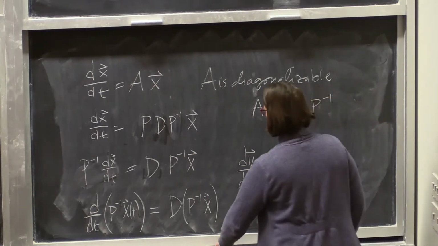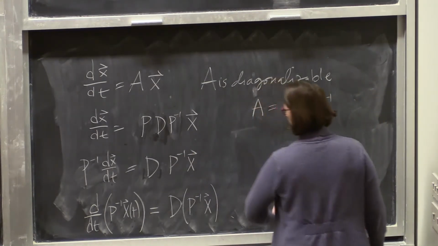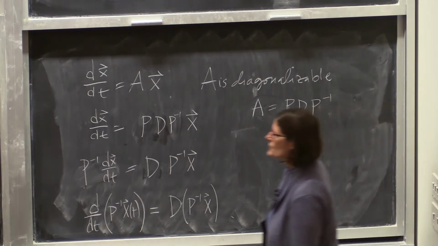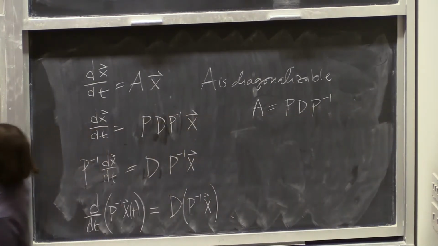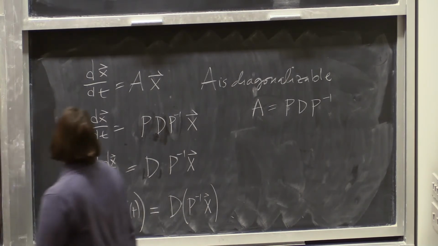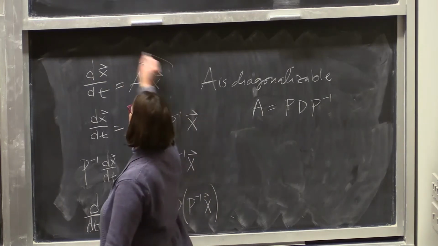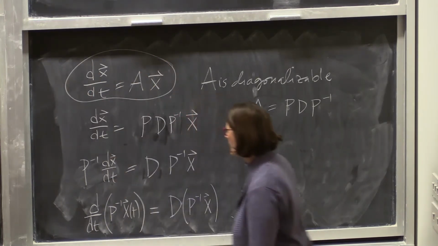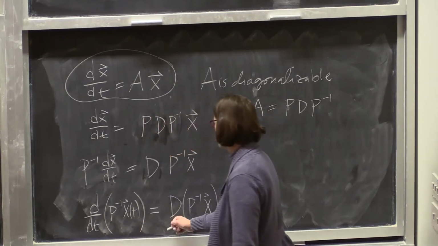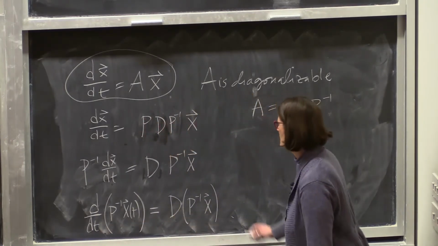So we're trying to solve this. Here, this is the closest we can get. Right here we saw that it's easy to solve dy/dt equals diagonal times y of t. And here we've rewritten this problem as d/dt of this equals a diagonal matrix times that.